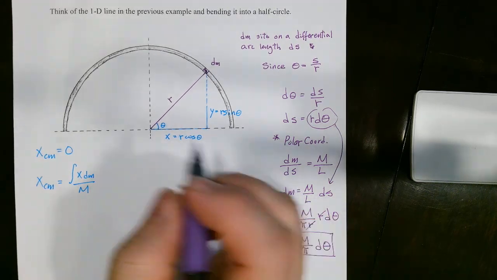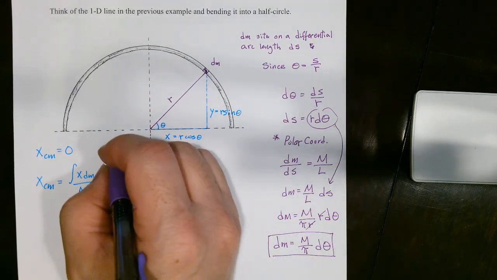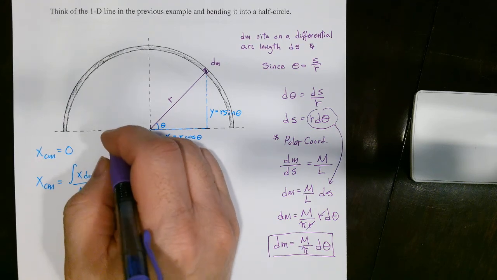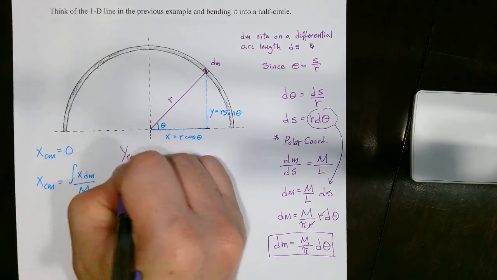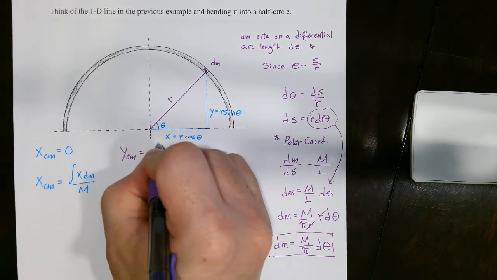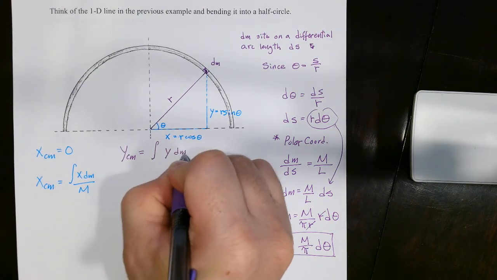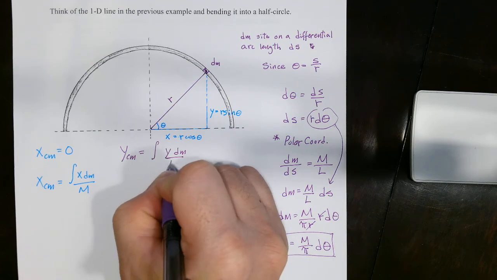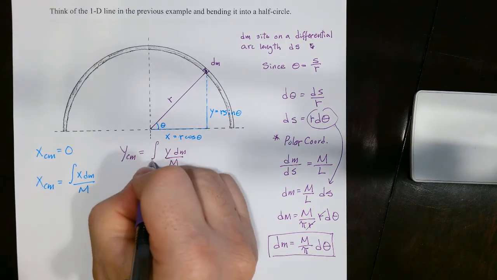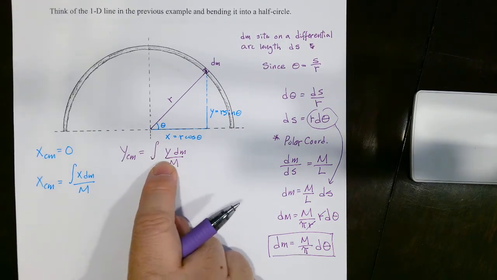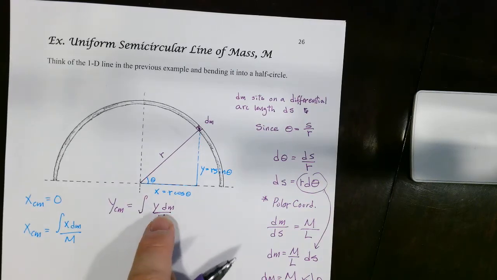However, let's do the y. Integral of y dm over m. I'm not going to put the parameters in there yet because we're not going to actually use this dm yet.